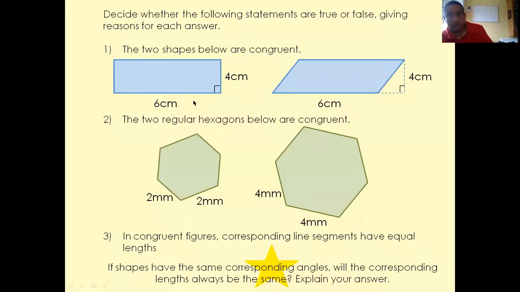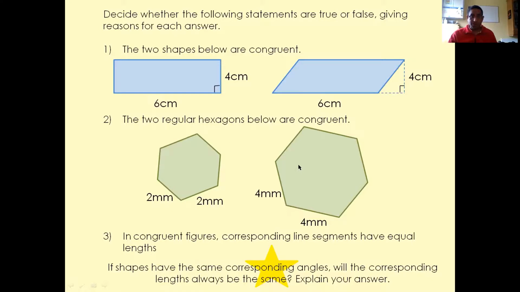Okay, guys, so in this one, for these 2 shapes, they are not congruent because although the corresponding sides are equal, corresponding angles are not equal. And in this case, both of them are regular hexagons. That means the corresponding angles are equal, but corresponding sides are not equal at all.